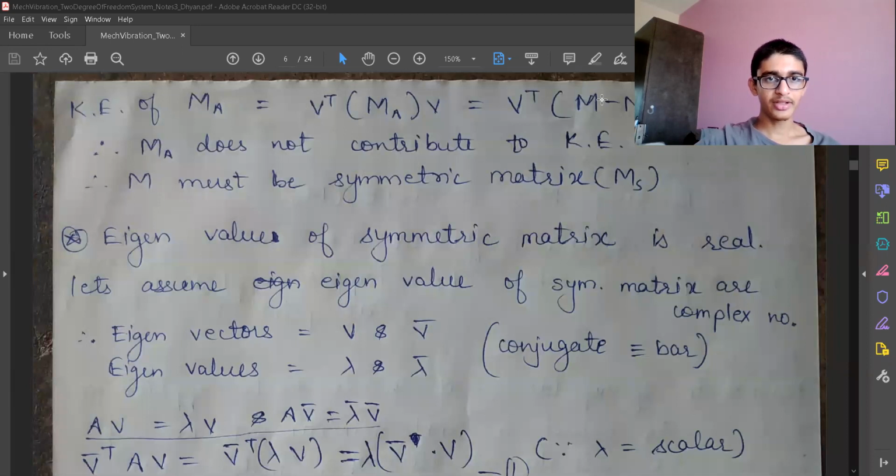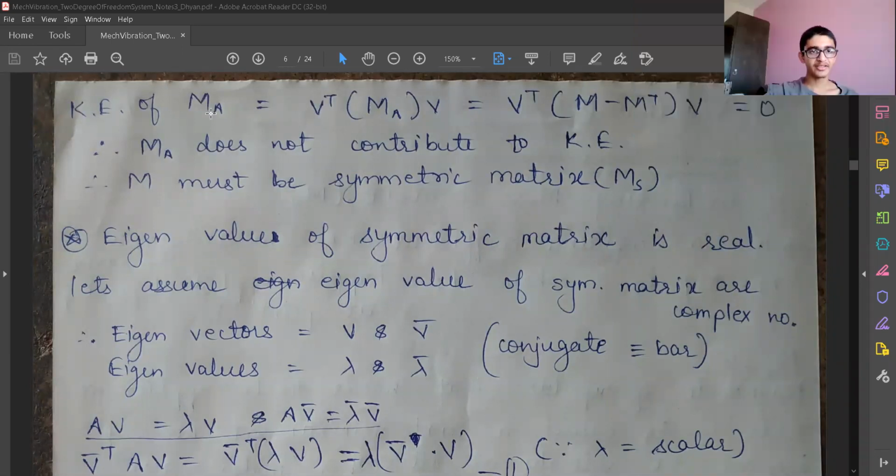And now we know the kinetic energy from MA is V transpose MA V, which is the anti-symmetric matrix. We are checking the kinetic energy coming from the anti-symmetric mass matrix.